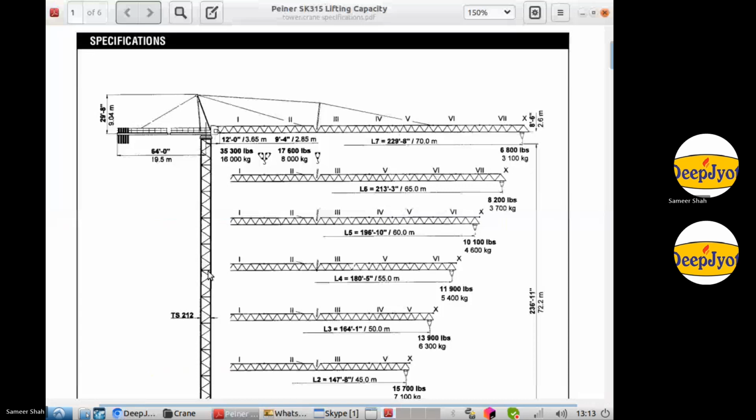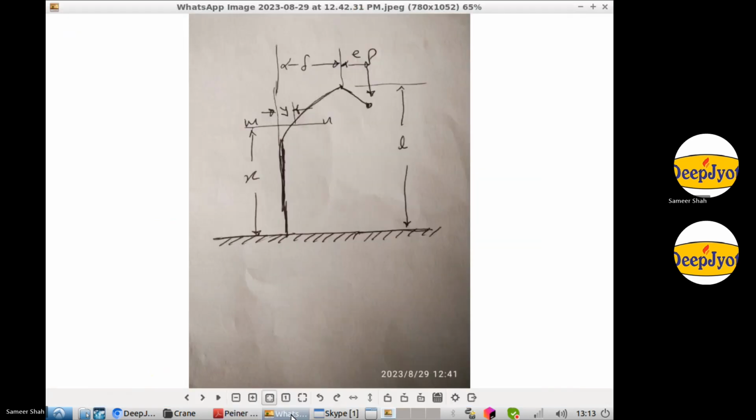Now the same situation can happen with a tower crane. This tower column, truss column, if it is unbalanced, see, it is bending like this. So how to measure stress at the bending axis?